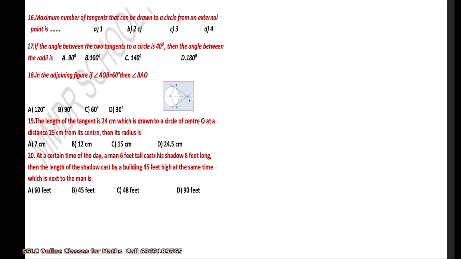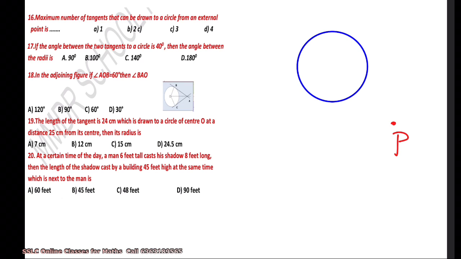If you go to question number 16, see here: maximum number of tangents that can be drawn to a circle from an external point. If you are considering a circle and there is a point outside the circle, how many tangents can you draw to this circle?